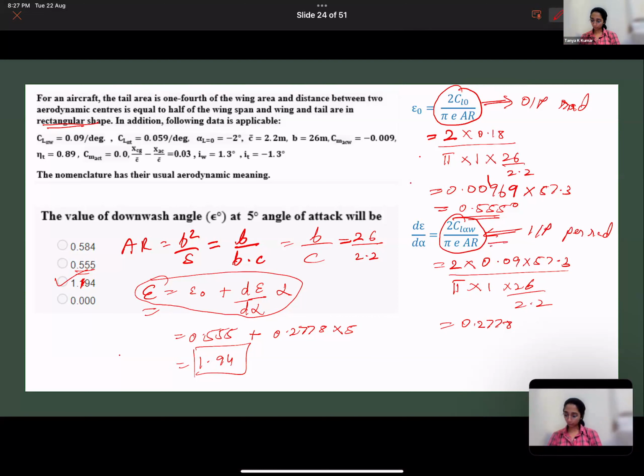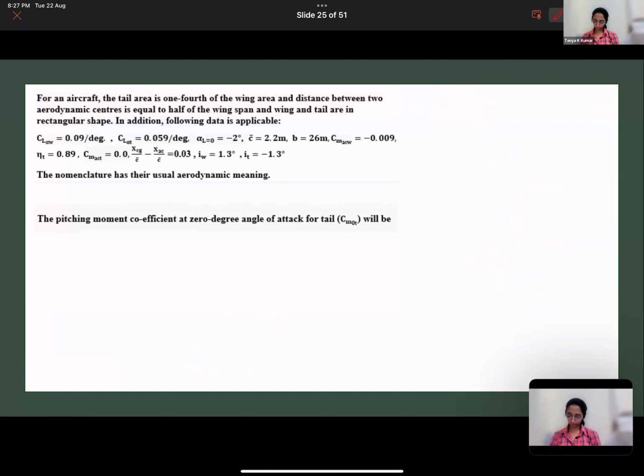And this one's output is unitless because it's a ratio of two angles. Remember this. So output is in radians. In this case, input is in per radians and output is unitless.